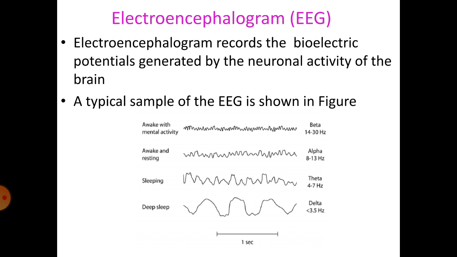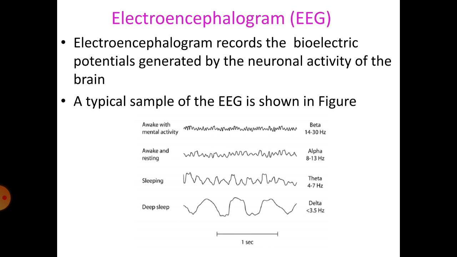The next is the electroencephalogram, that is EEG. The electroencephalogram records the bioelectric potentials generated by the neuron activity of the brain.